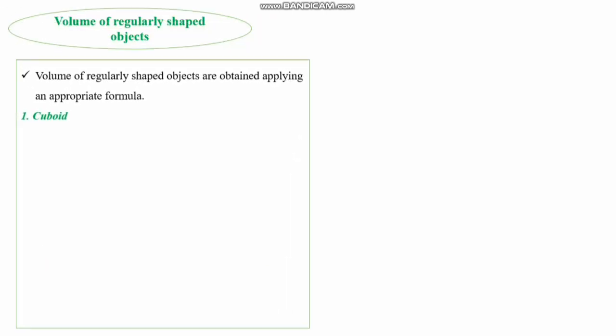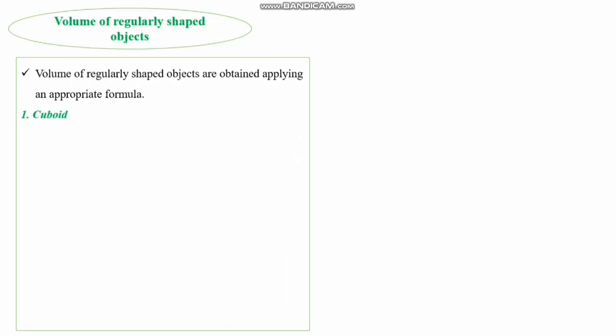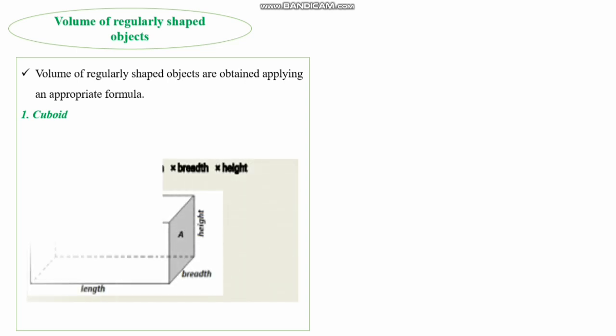Also, let us look at calculating the volume of regularly shaped objects. We have different objects that are regular, and these objects take different formulas. So the volume of regularly shaped objects is obtained by applying an appropriate formula, just like area. So we have a cuboid.